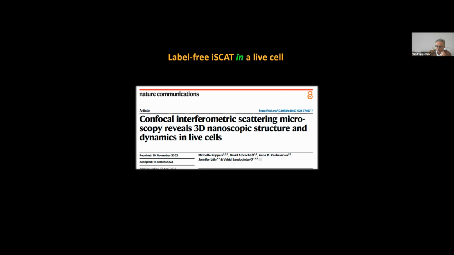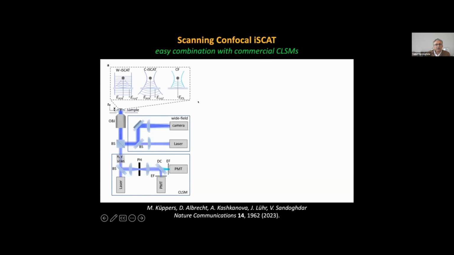It's to be remembered that because iSCAT is a coherent imaging method, prior to this work, we and everyone else was bothered by the fact that you have a lot of speckle when you look at something as busy as a cell. And what we showed in this work is that by doing this in confocal mode, you can get around a lot of the problems.